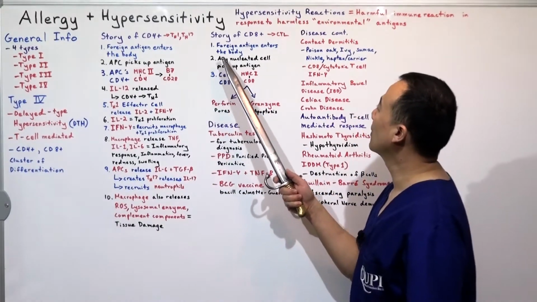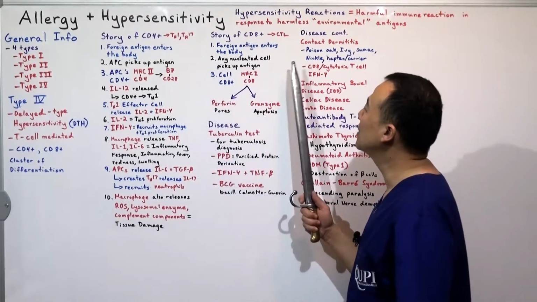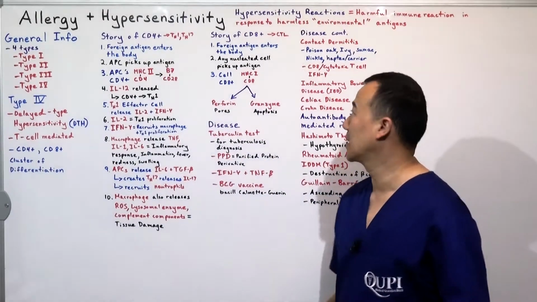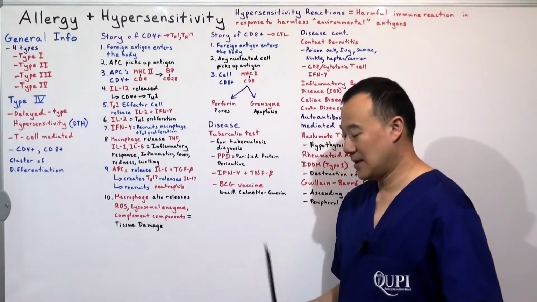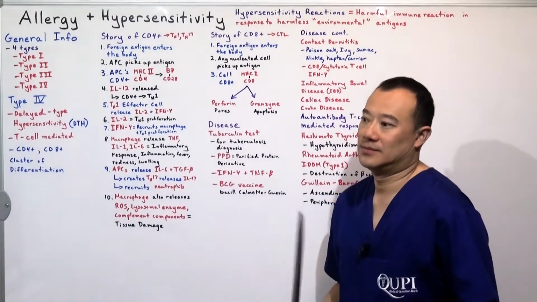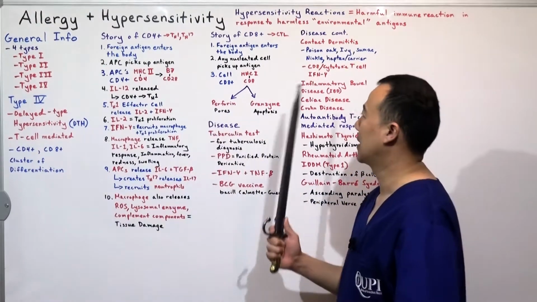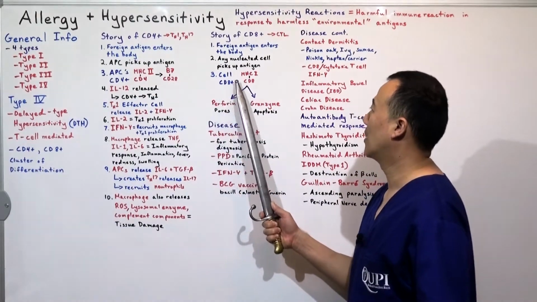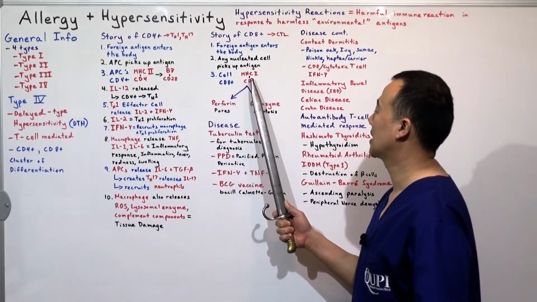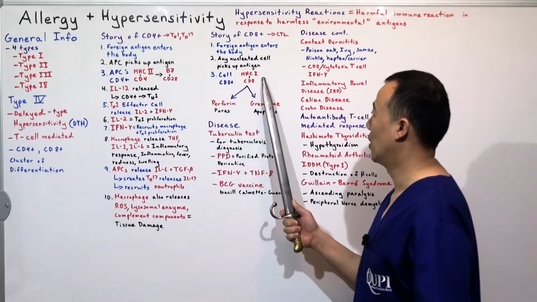And the foreign antigen enters the body. Any nucleated cells will pick up this antigen, say a virus, it could be anything. It picks it up, okay? And any cell, which all nucleated cells has an MHC class 1, would have the antigen presented on the MHC class 1.